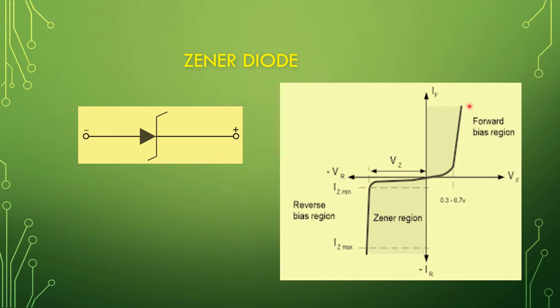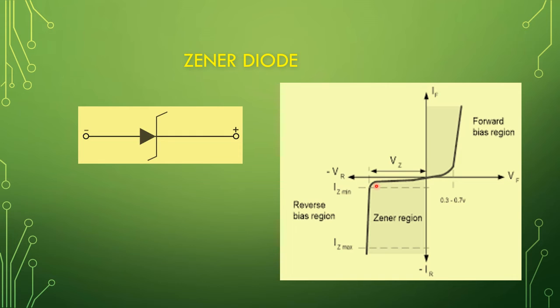The forward curve looks like the PN diode forward characteristic curve. So nothing is new for the Zener diode here. It just looks like a PN diode.